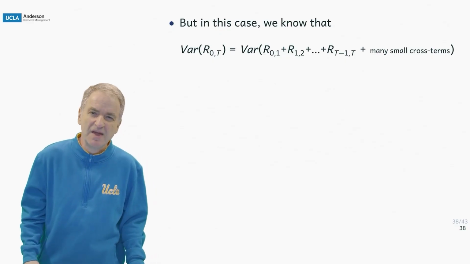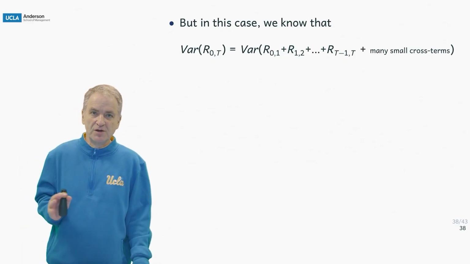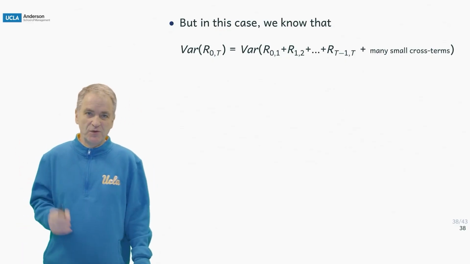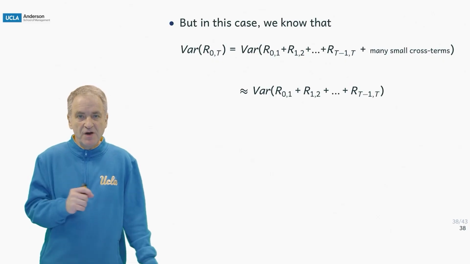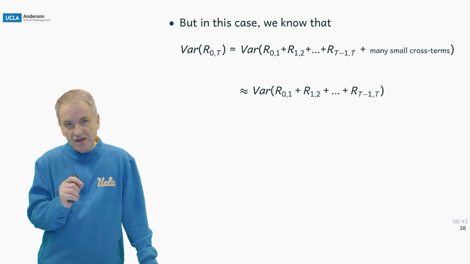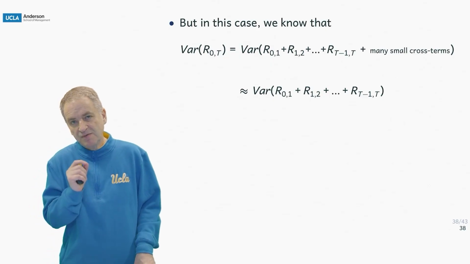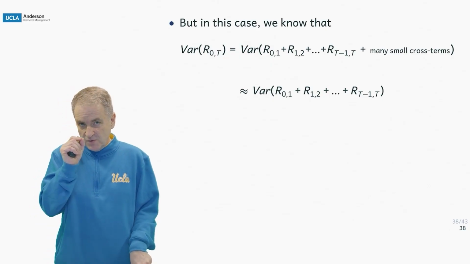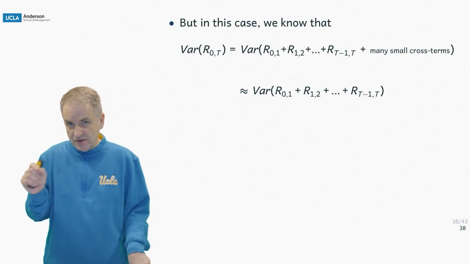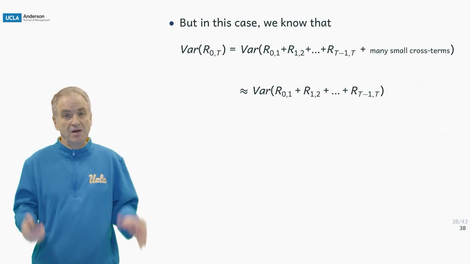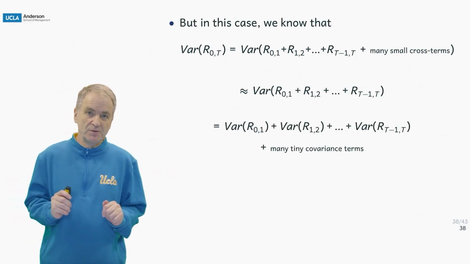So it's almost nothing. All these small cross terms don't account for very much. Therefore, I know that the variance from time 0 to time t is primarily the variance of whatever the variance is on the individual days. Now I have to use my variance formula.